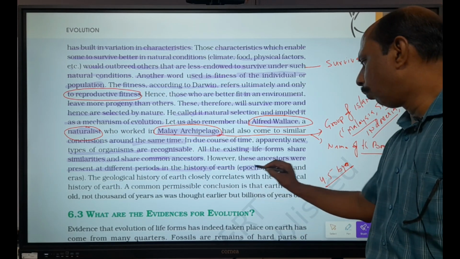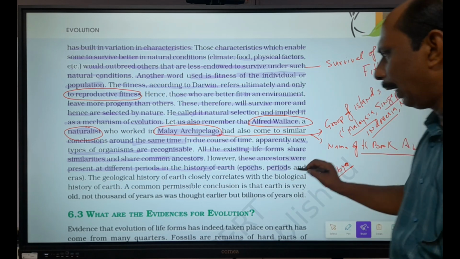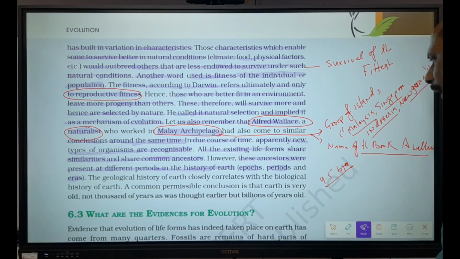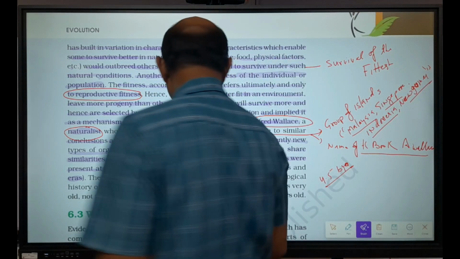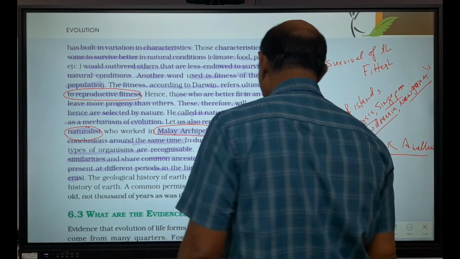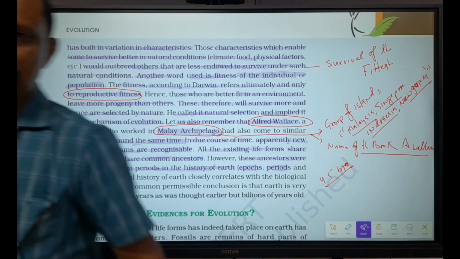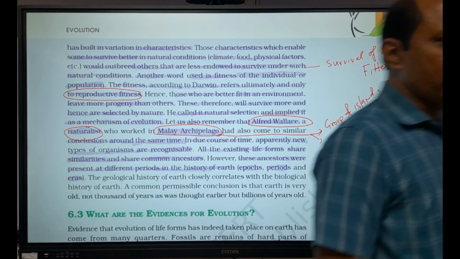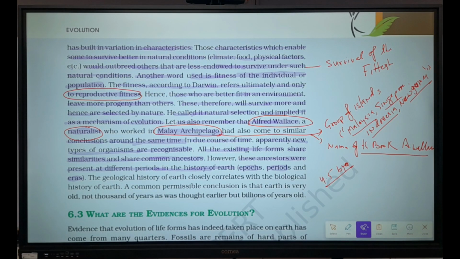Then the period, which is longer than epochs, and then the era. We know there are 6 eras. We will discuss the eras in the next lecture.